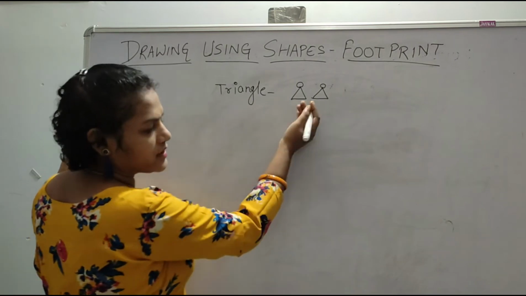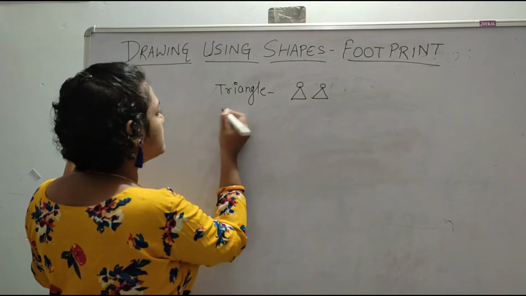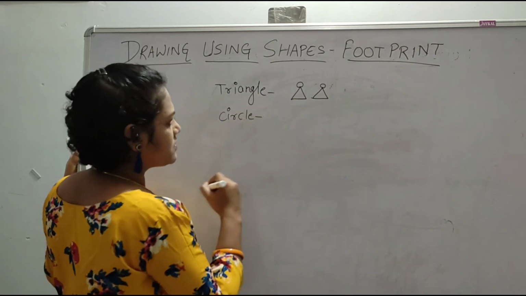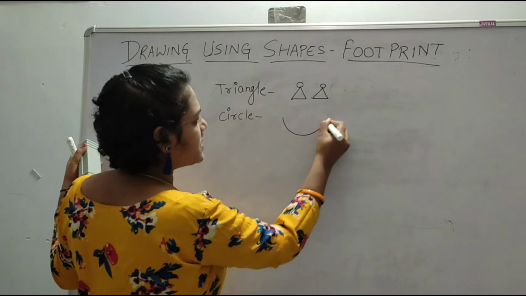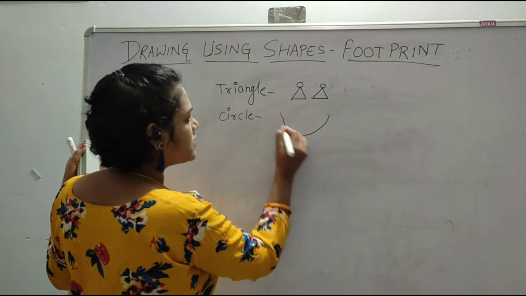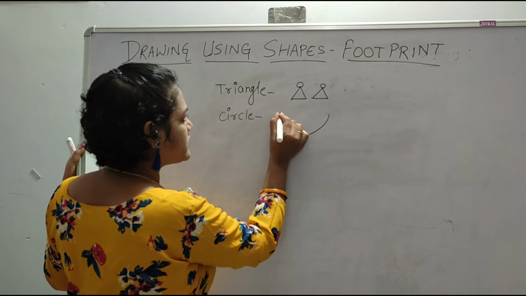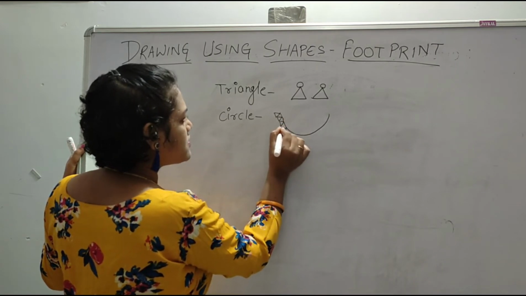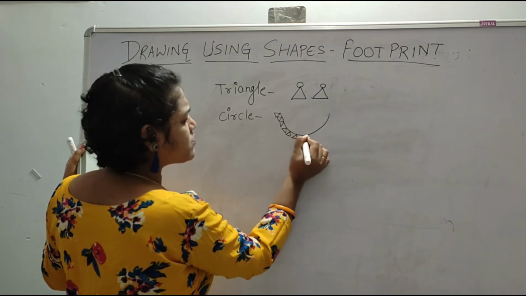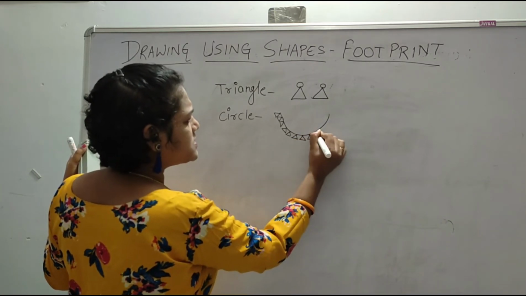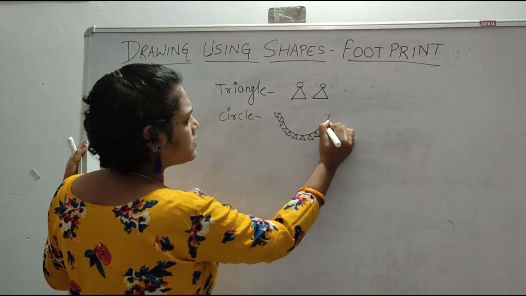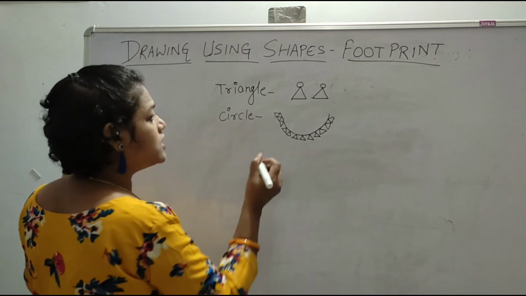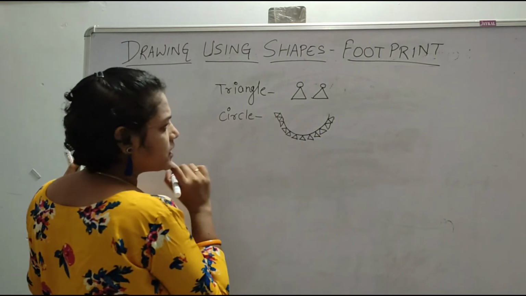Again, circle. I can use this circle as a necklace. Here I will draw some triangles again. So in this way, small kids can do this activity using shapes.